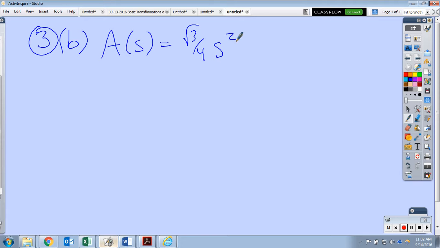I want you guys to realize, again, the meaning behind this, what this is saying is that you could tell me the area of an equilateral triangle just based on one of the side lengths.